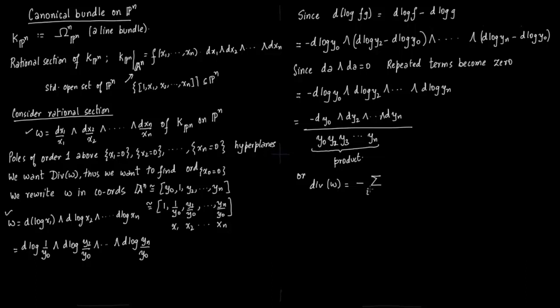Now you take all the hyperplanes including the one on which you were working, so you get these n plus 1 hyperplanes corresponding to the product in the denominator. So you can clearly see this is the sum of n plus 1 hyperplanes, and you have a minus sign in front of it.